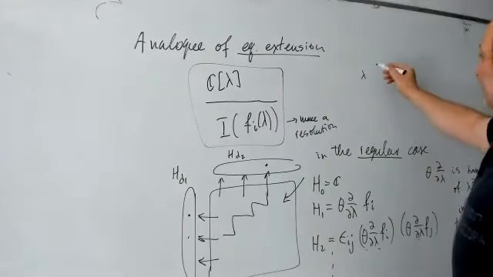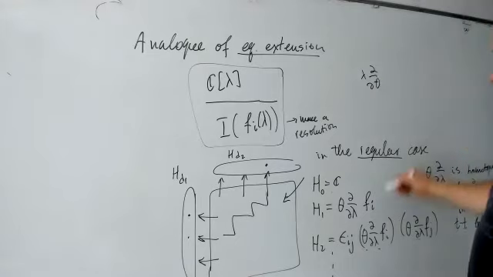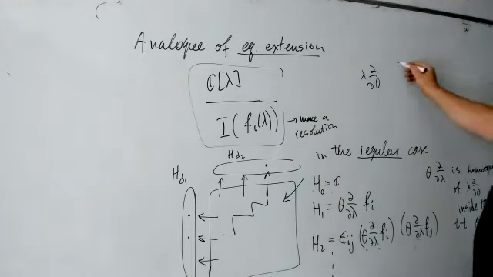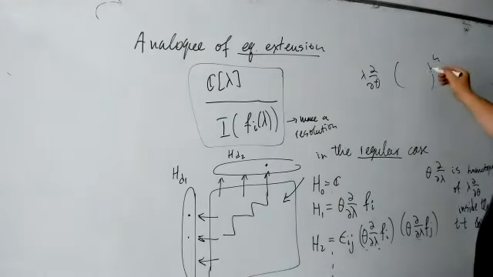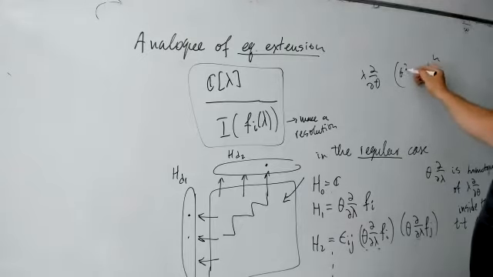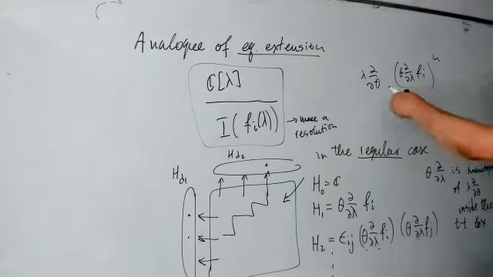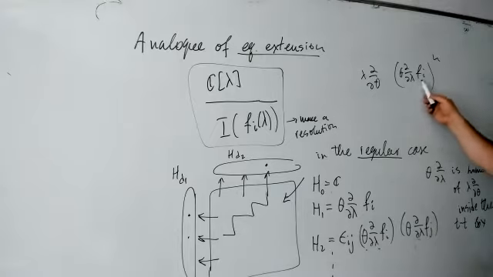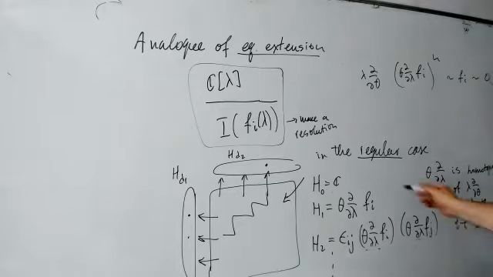Just apply lambda d over d theta to this product. It is clear that it's proportional to f_i, and that's why equivalent to 0. So these are cohomology.